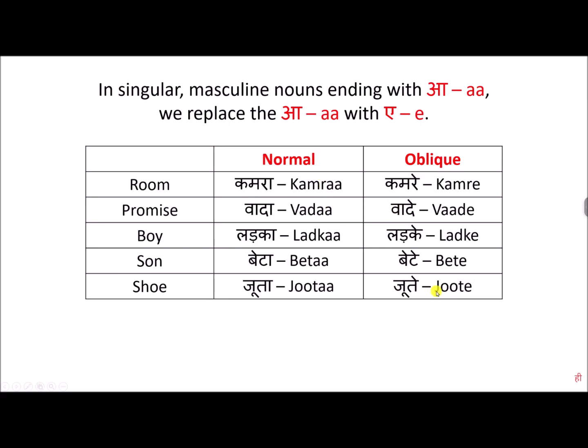Now, if you look at these words carefully, and if you remember the rules of making plurals, then these look like the plurals of these. But here they are not plurals, they are the oblique forms.